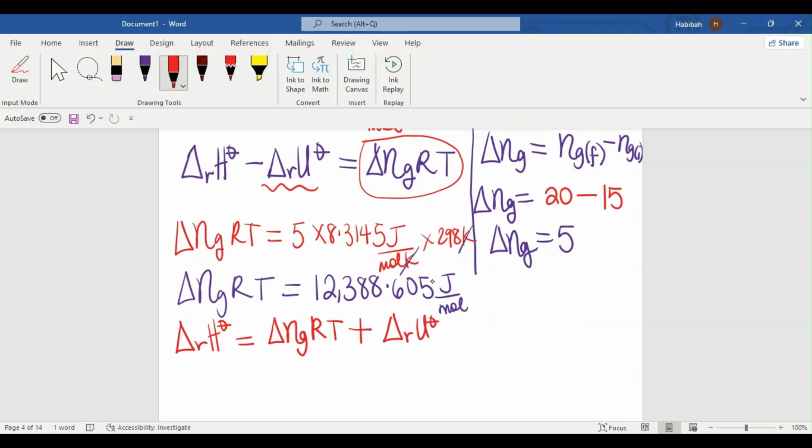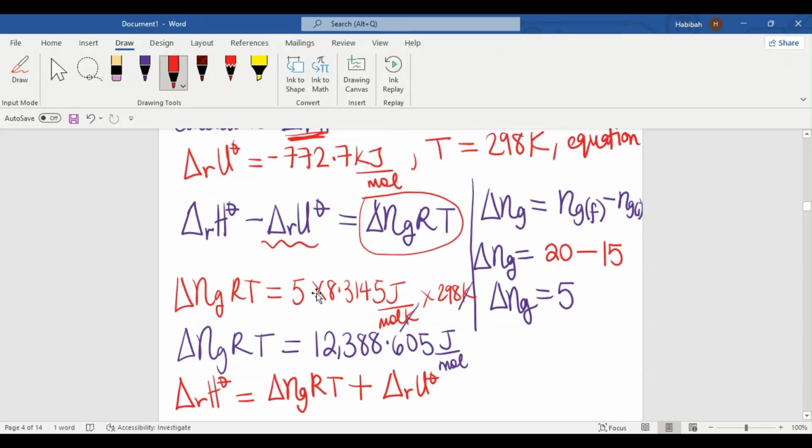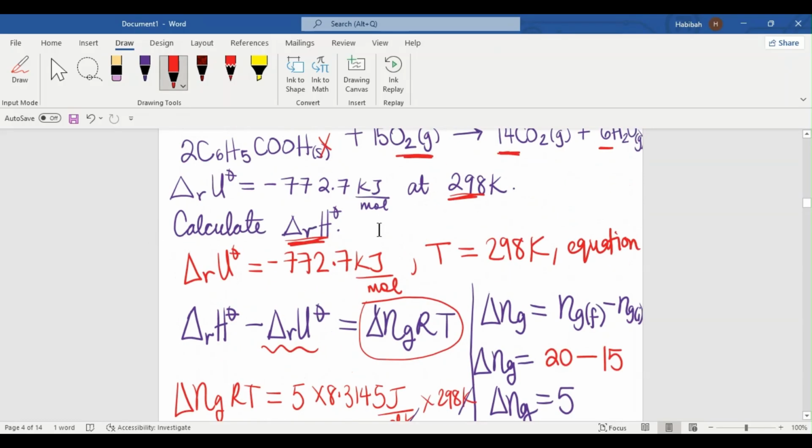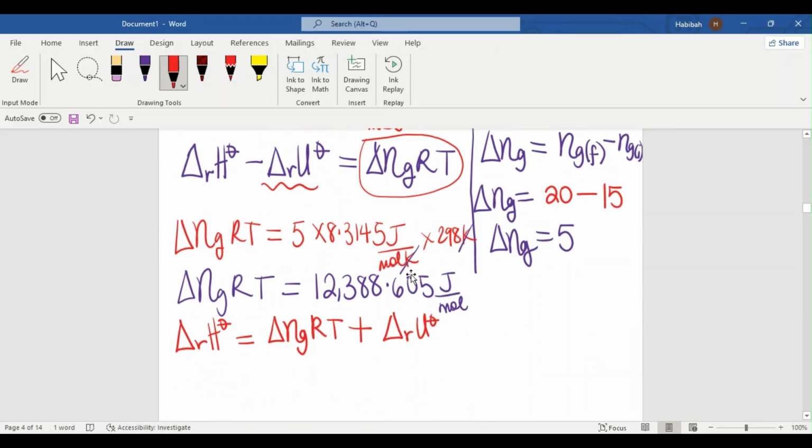We have one bit of an issue because the change in internal energy was given in kilojoule per mole, and we solved for the RT term in joules per mole. So we have to convert it from joules per mole to kilojoules per mole.